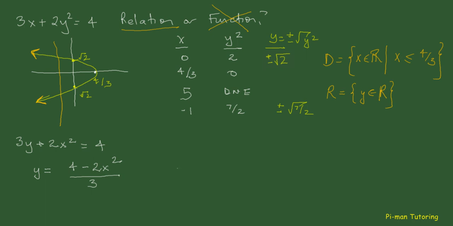And now let's see what that looks like. Well, you probably recognize that as a parabola with the coefficient of x squared being negative in here, which means it's pointing down. So what this actually looks like is something like this.